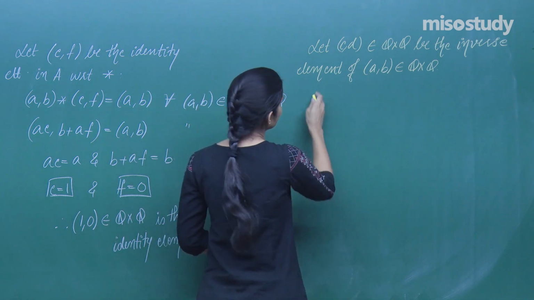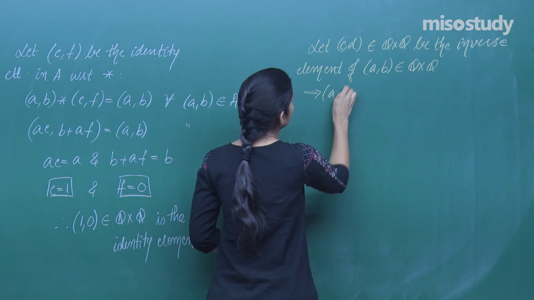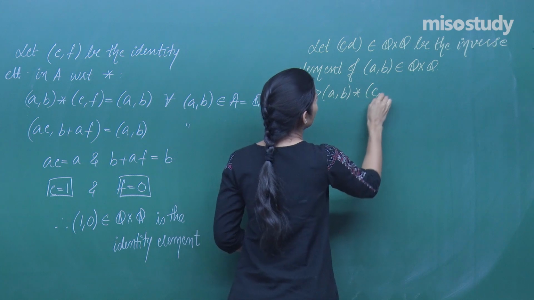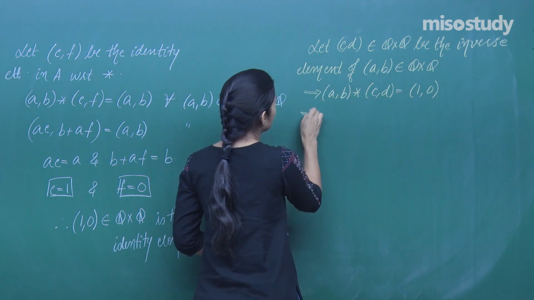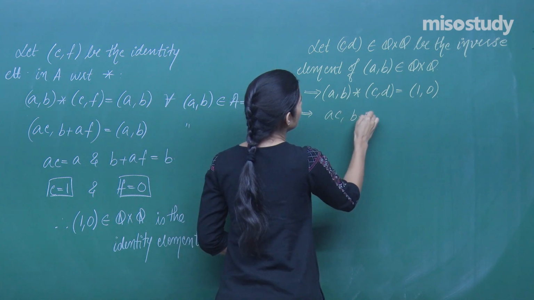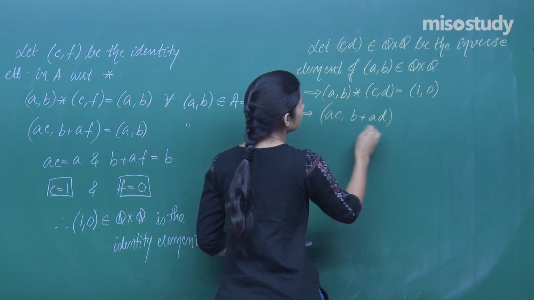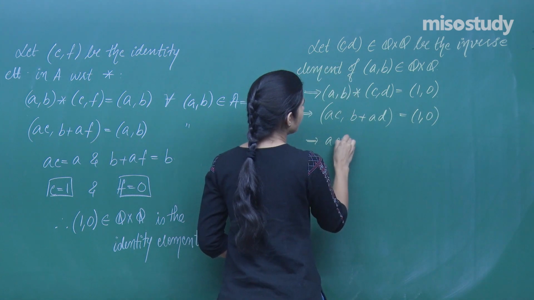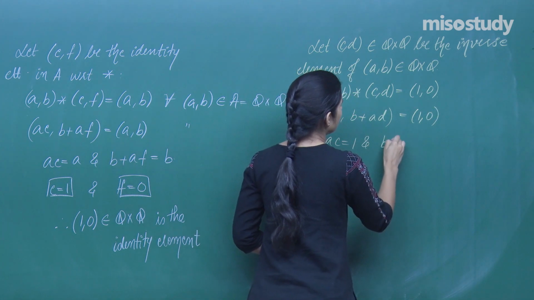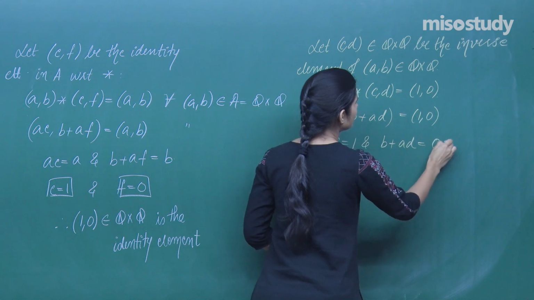If (c, d) is the inverse of (a, b), when (a, b) is operated with (c, d), you get the identity element which is (1, 0). This means (ac, b + ad) according to the definition is (1, 0), which means if you compare, ac is 1 and b + ad is 0.